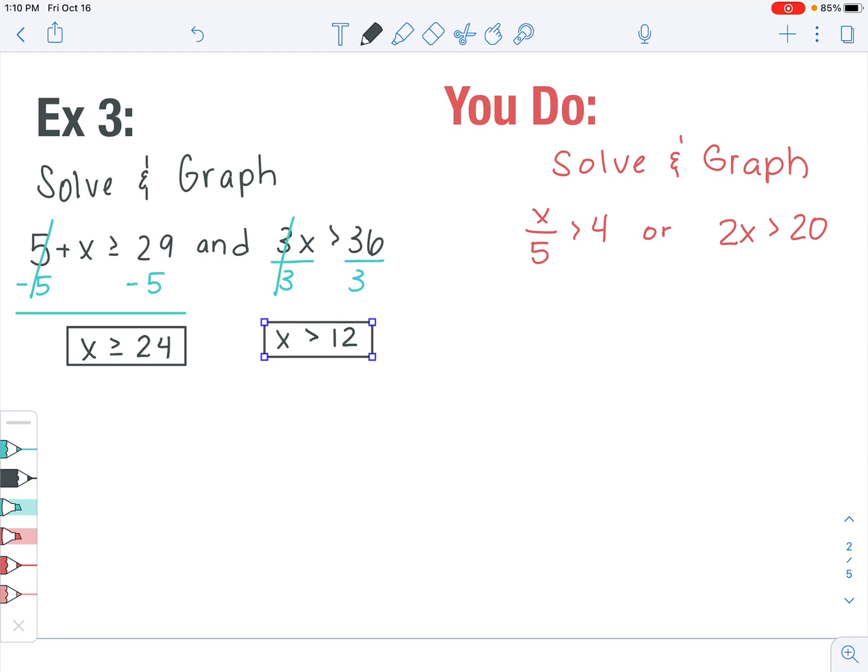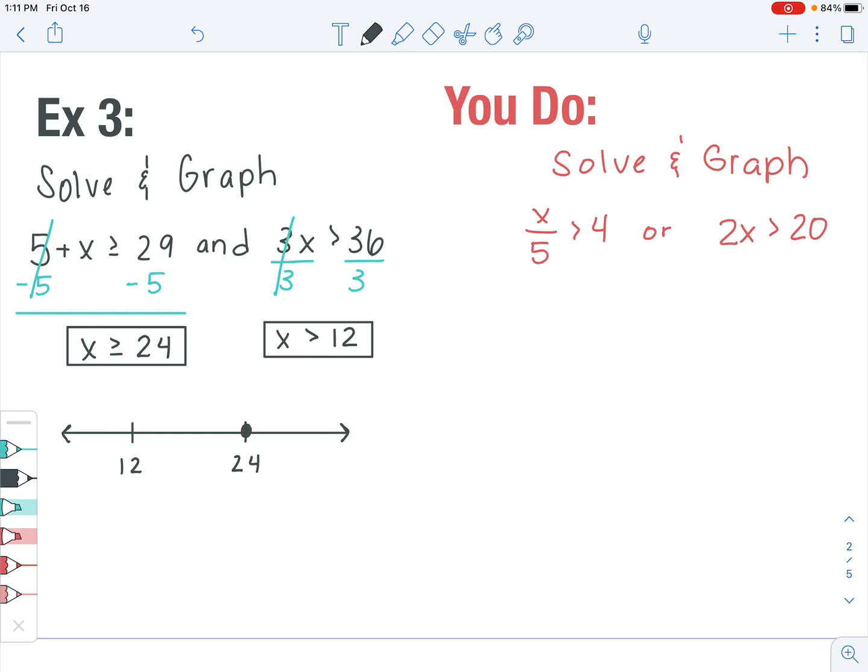So now when I go to graph this, remember with my ands, I have to have only what they share. So when I put 12 on here and 24, I notice it's saying x has to be greater than or equal to 24.